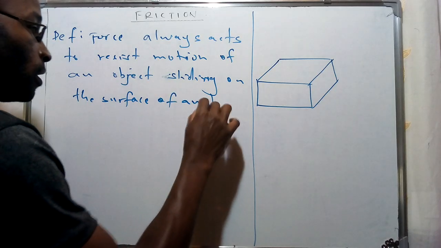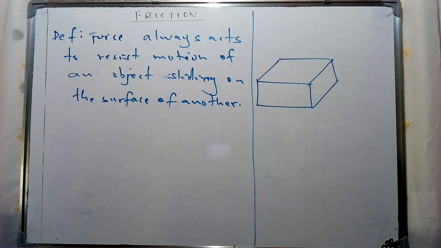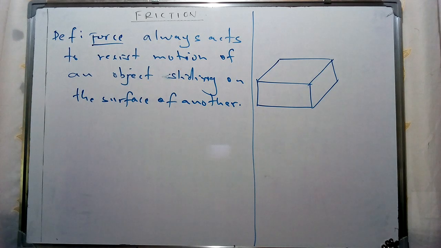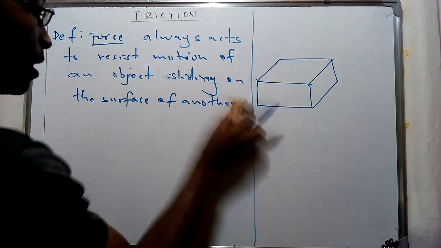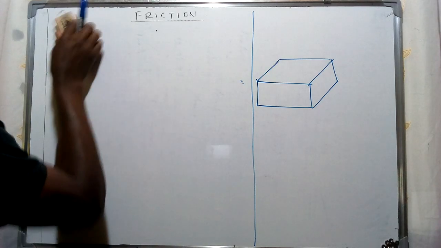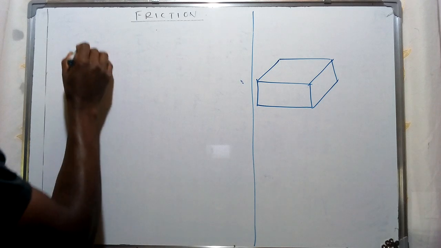This can form a summary statement of what the concept of friction refers to: a force which always acts to resist motion of an object sliding on the surface of another. So we can give an illustration of this simple definition for one of the contact forces referred to as friction.